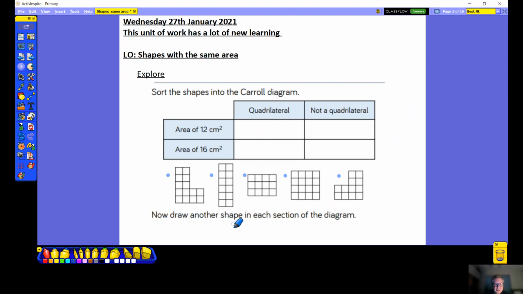Draw another shape for each section. So draw your shapes, label those. So we're up to E, so go F, G, H, I, J. Pop them in there. Pause the video. It's going to take a little while for you to think that one through.